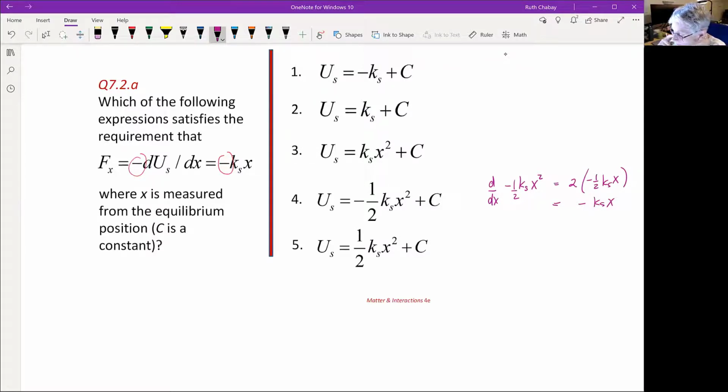Because F of x is minus dU/dx, that implies that F of x, which would be minus k sub s x, is instead plus k sub s x, which would mean that if you compress the spring, it wants to compress itself more, and if you stretch it, it would want to stretch itself more. So that, in fact, doesn't work.